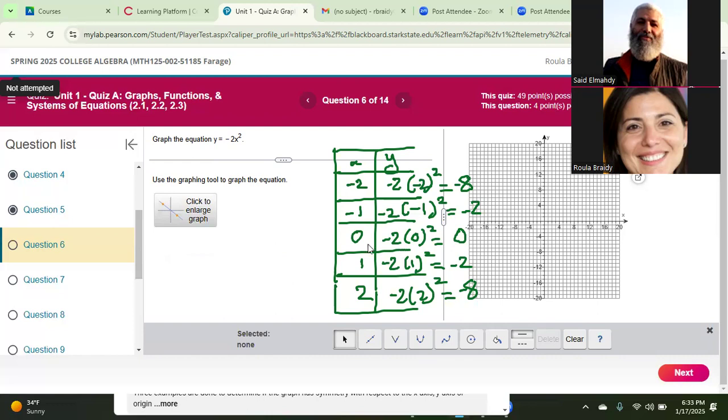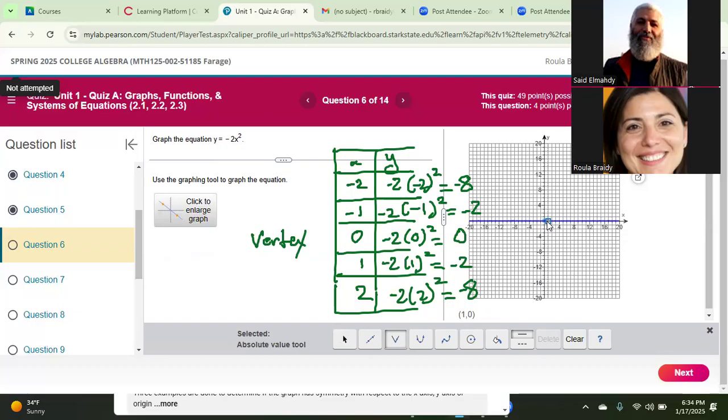So we are graphing. We start from 0, the vertex. So this is 0, and then we go to 1, -2.